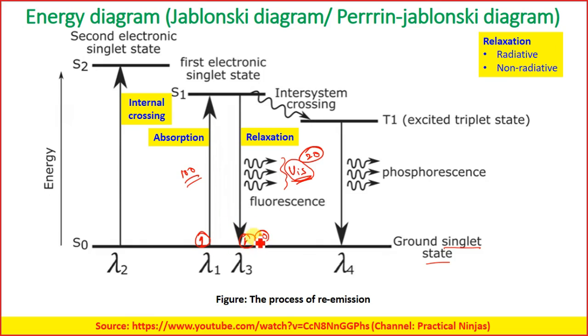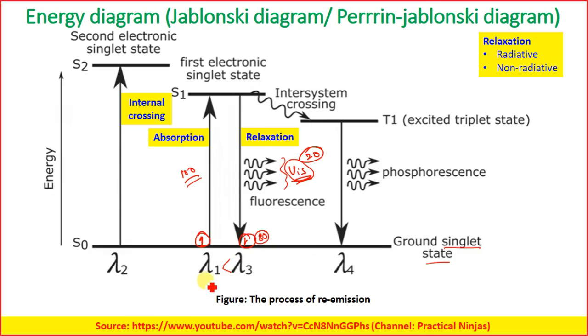The electron which is coming back has lower energy. Lower energy means higher wavelength. So lambda 3 is greater than lambda 1. Are you getting my point? Lambda 3 is greater than lambda 1.